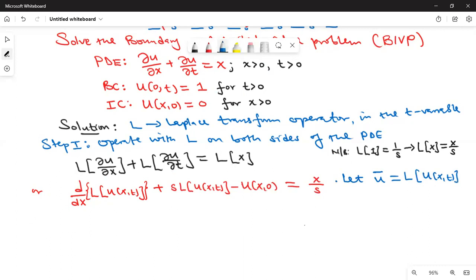So with this, our equation can now be written as d u bar dx plus s u bar, I've left out something, then minus u of x, 0 is equal to x over s. So that is step 1.